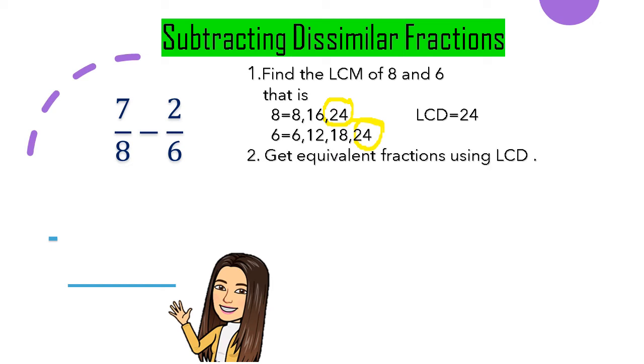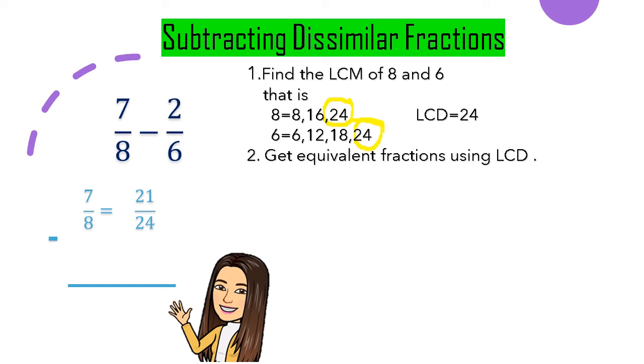And that is to get equivalent fractions using the LCD. Now what is the equivalent fraction of 7/8 by using the LCD? That is 21 over 24. Again, how did we get 21 over 24?